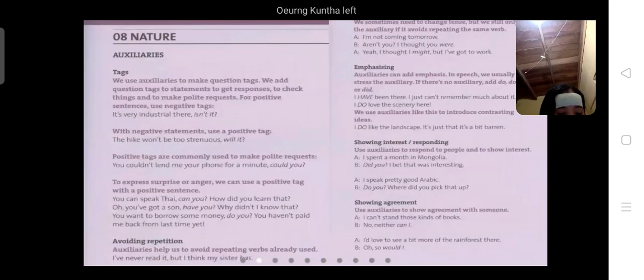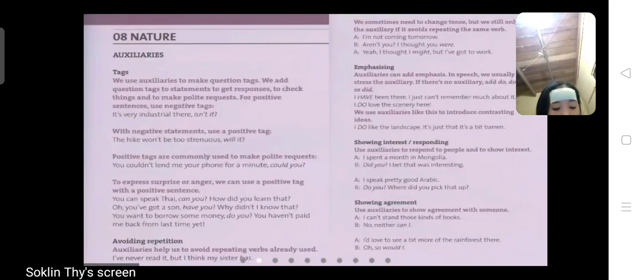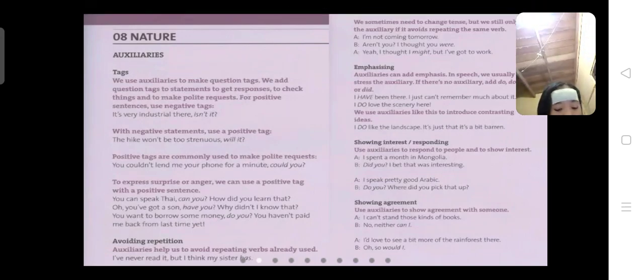And avoiding repetition. Auxiliaries help us to avoid repeating a verb already used. Example: I never read it, but I think my sister has. Next point, we sometimes need to change tense, but we still only use the auxiliary if it avoids repeating the same verb.